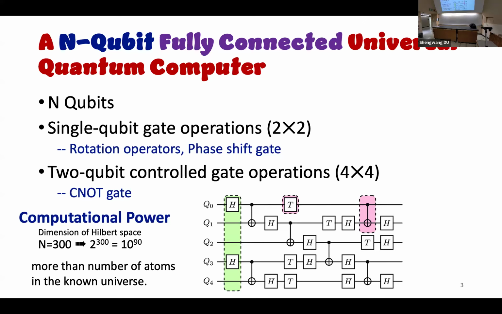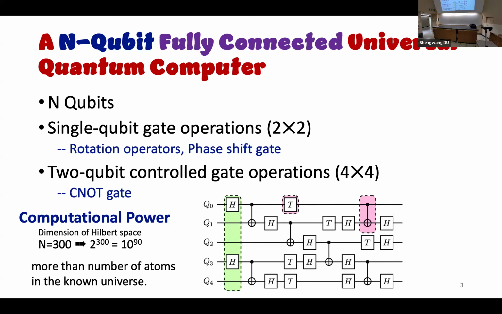That is basically a 2x2 unitary transformation. You will also need a 2 qubit control gate operation, which means in these n qubits, you can apply a 2 qubit control gate operation between any 2 qubits. That is called fully connected.